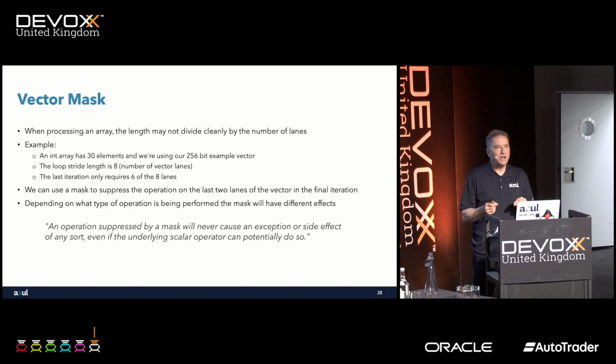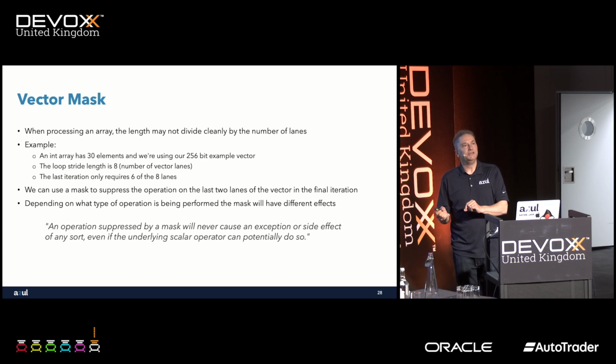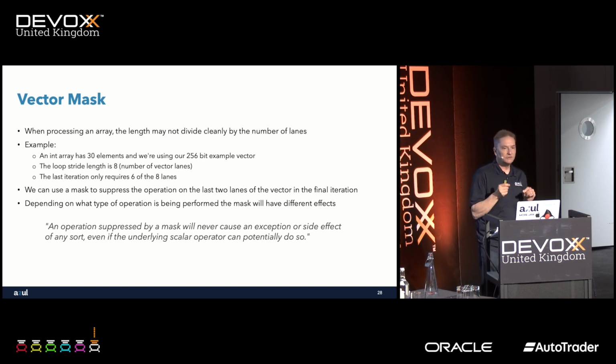What I can also do is use a vector mask. This becomes more significant when we need to deal with arrays which won't fit into a complete number of iterations for the loop. So if I've got 8 lanes and, let's say, 12 elements in my array, clearly I can do 8 for the first one, but I only need 4 for the second iteration of my loop.